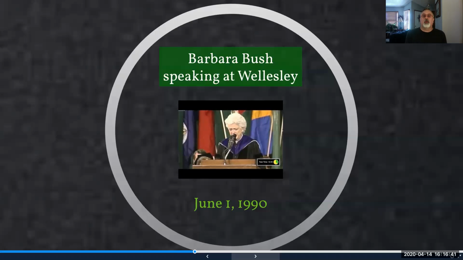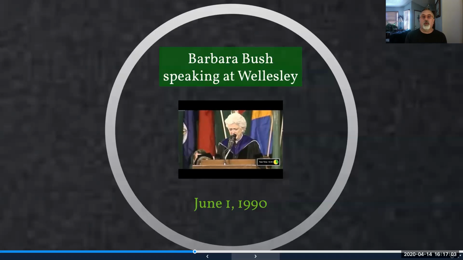Now, what was interesting in this situation, Wellesley has a color associated with each class. So one class is red, one class is green, and that's their color for the whole 4 years they're in school. So the class that was graduating in 1990 was the color purple.